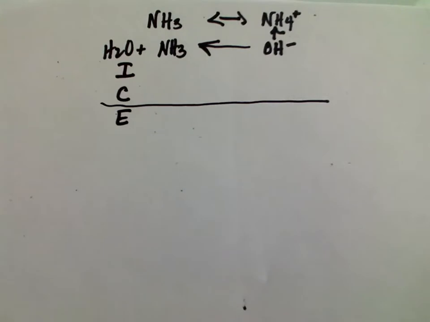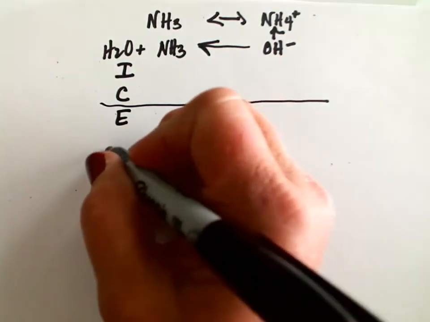So we're going to have initial concentration, change, equilibrium concentration. And I believe this was 1 liter of solution, or maybe it wasn't. Oh no, in this one we're using 80 mLs. Okay, so we have to find out how many moles of ammonia, ammonium ion, and hydroxide we're using here.